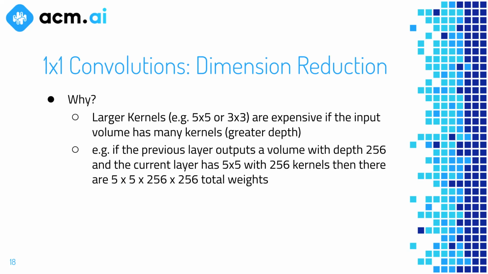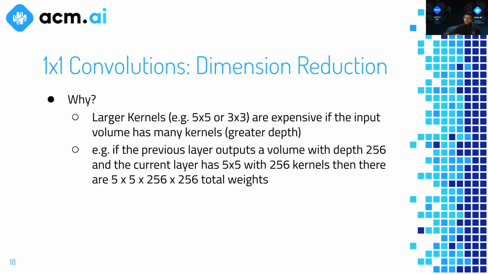So just a real quick clarification as we move forward: think of filters as volumes of weights, and kernels as slices of those volumes. If you have a filter of 5x5 by 256, the 256 is the depth of the filter, but the kernel is that 5x5 spatial dimension. We're just going to keep going with that as our definition of kernels and filters.